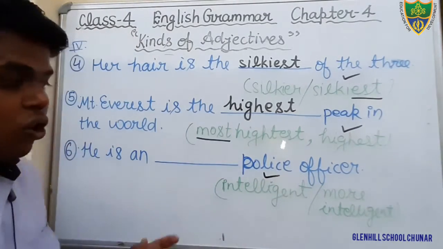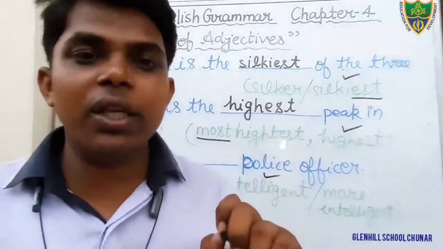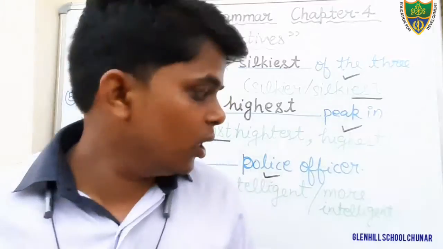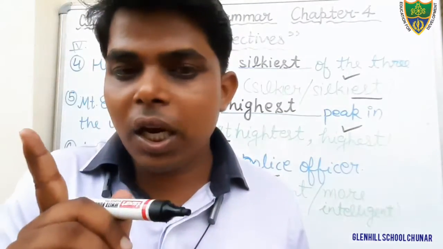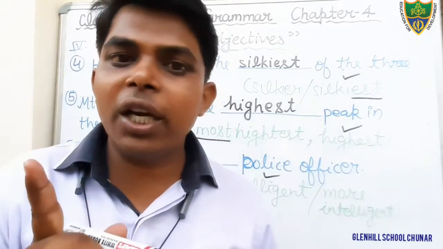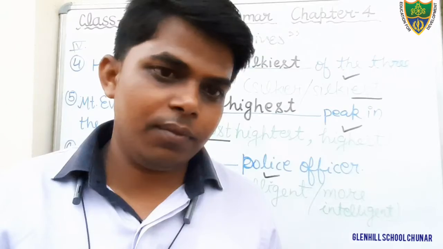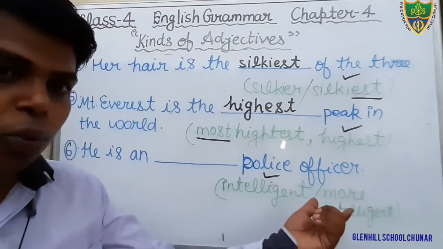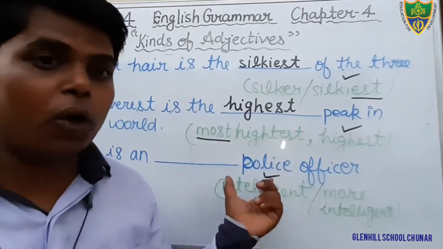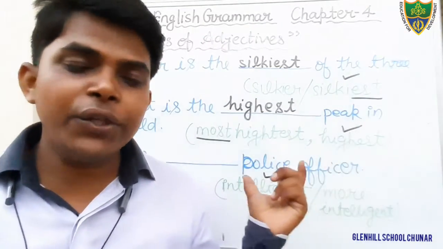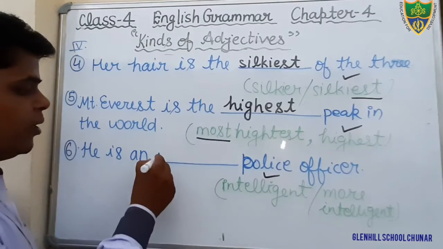There are no two police officers given, so there is no comparison between two people. Therefore we will reject the option more intelligent. We can use more intelligent when we compare two people. But there are no two people, so we will reject this option and use the positive degree here. So the suitable word will be intelligent.